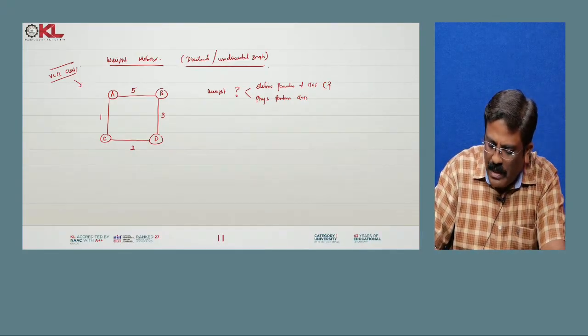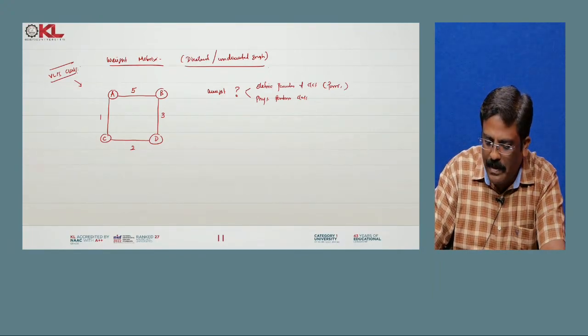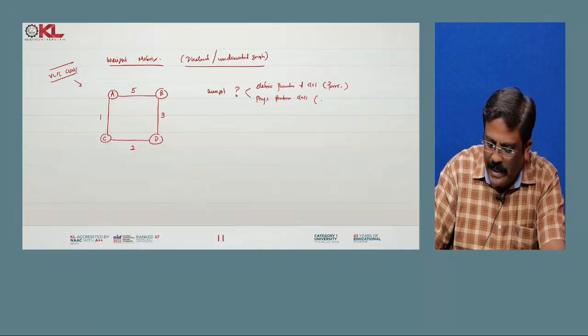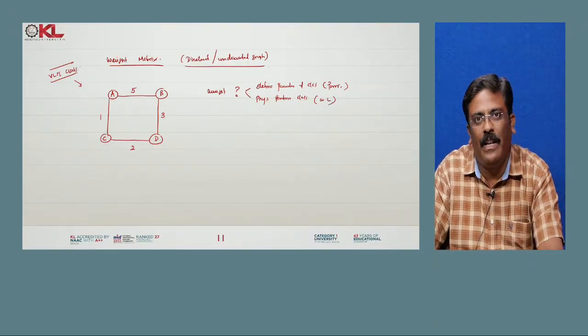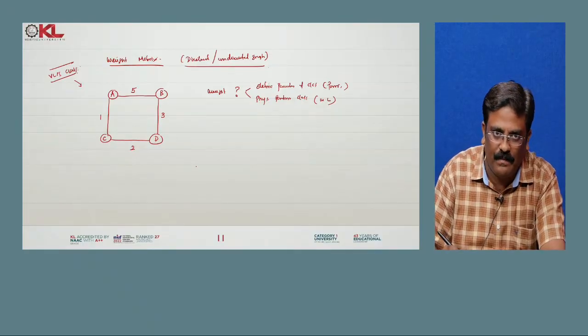It can be power. We can represent it in terms of electrical parameters, or the weight can be a physical parameter like wire length. Wire length can also be your weight. Am I clear? So we are just clarifying what we mean by weight.